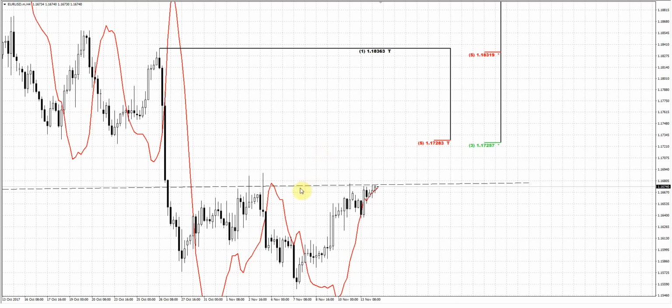The target of this pattern is the distance from the bottom of the head to the neckline, counted in the direction of the breakout. This approximately stands around the 118 area, somewhere at this level.